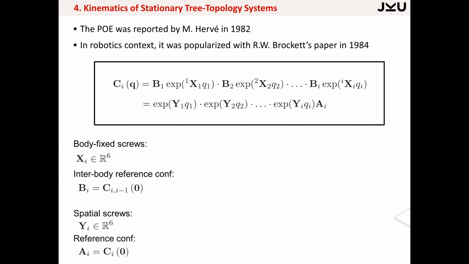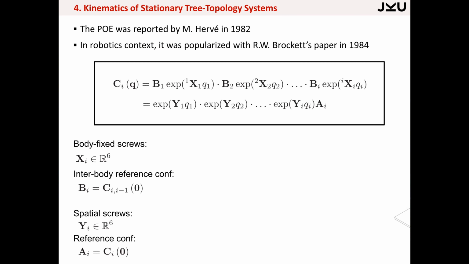So there's an important relation, which is called the product of exponentials, or let's say POE abbreviated. And this is just combining these exponentials, because if one of these exponential mappings is doing a frame transformation, then you can, of course, combine these frame transformations.